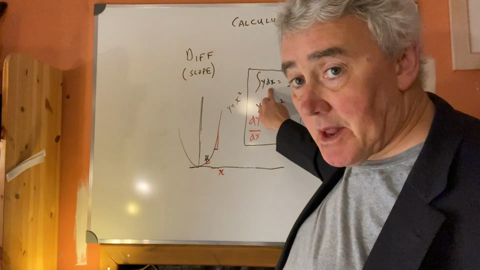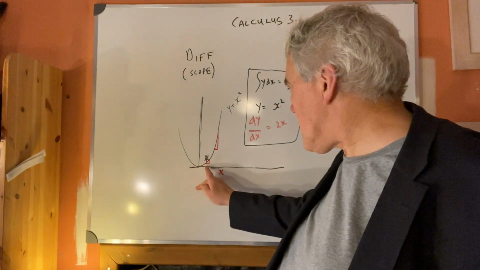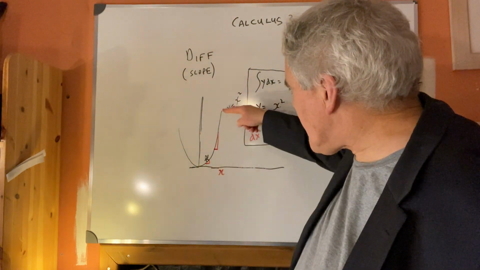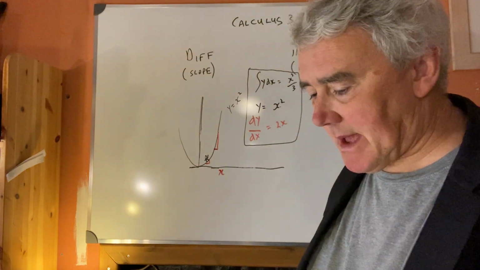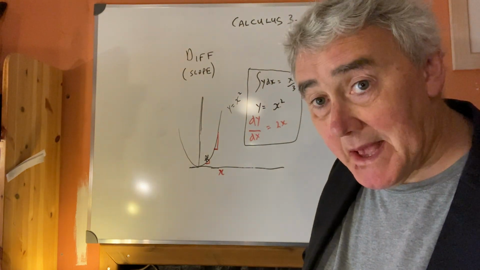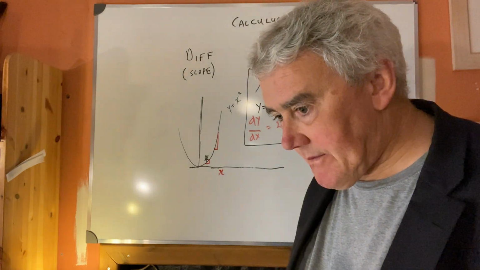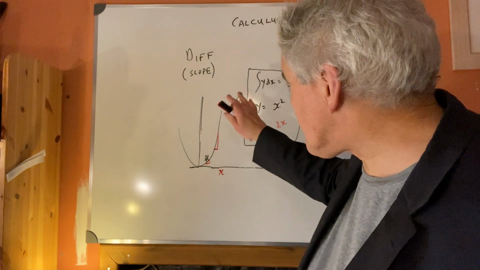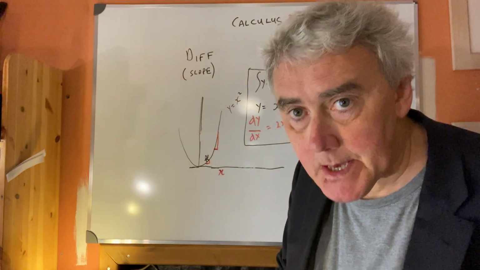And the integral up here relates progress along this line to the area under that curve as we progress. Okay, so that's a little recap of differentiation and integration in the general context of calculus.